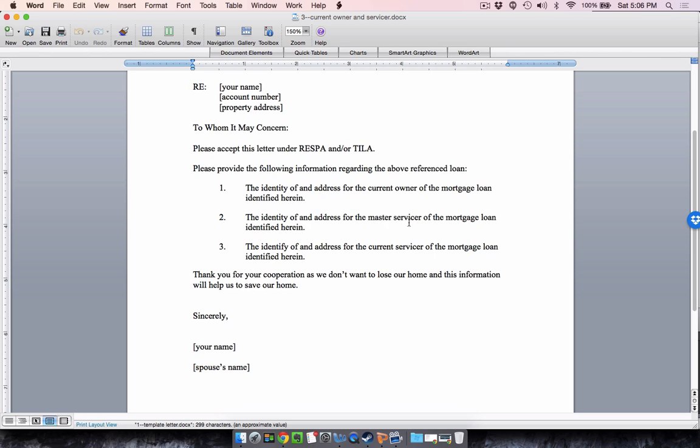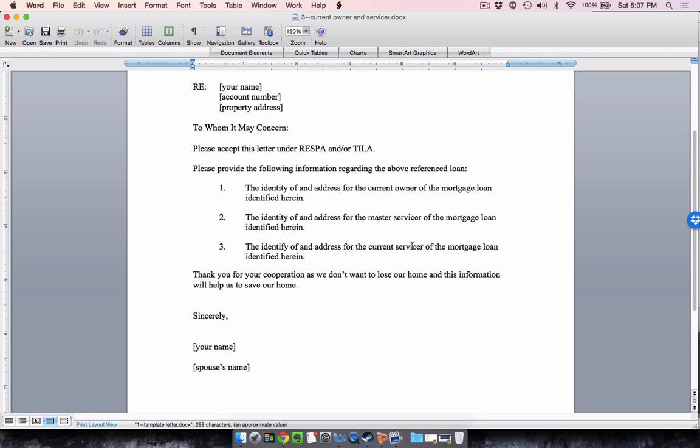Well, who's the master servicer? The servicer is the company that is responsible for taking in your payments, making sure you're paying on time, making sure you have insurance, making sure your taxes are paid. Usually there's one of those, but often there's a master company and then a sub-servicer, sometimes called a current servicer.